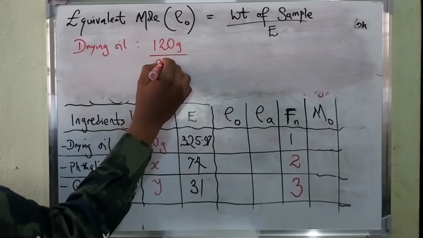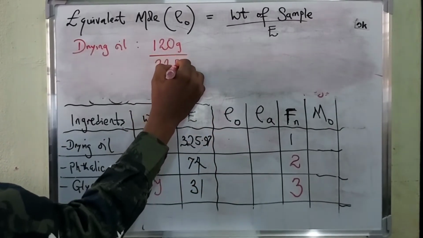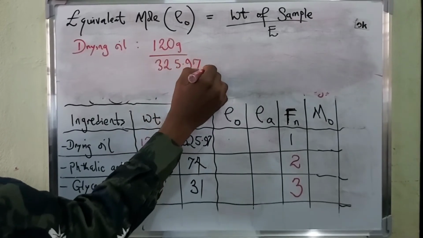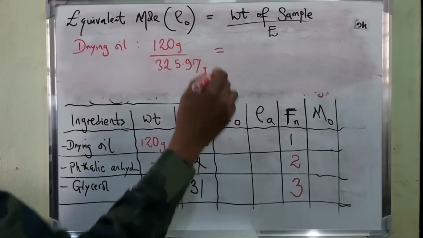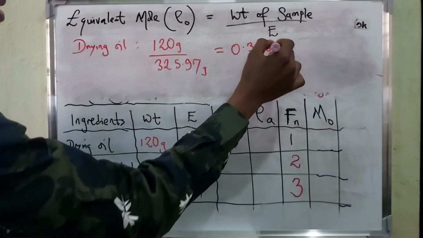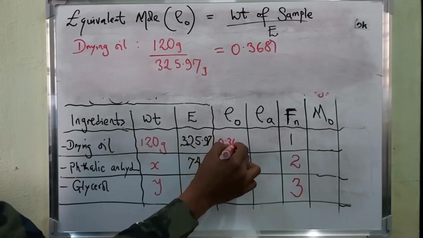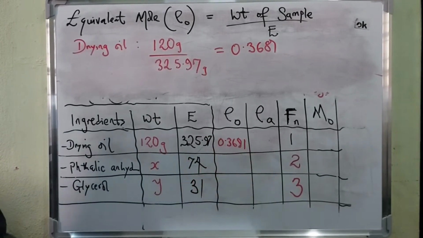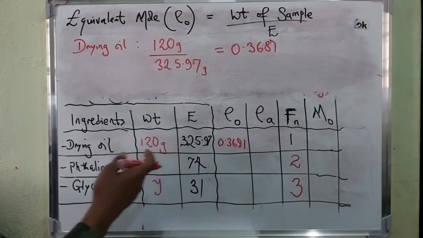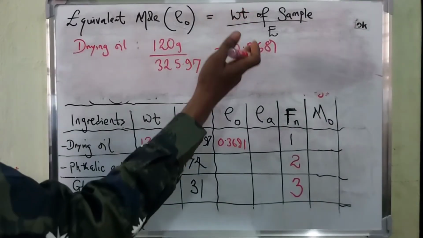So I have 325.97 gram, which is 0.3681. So we're going to put it here, 0.3681.